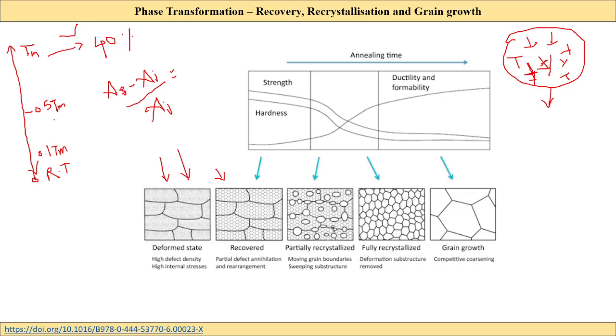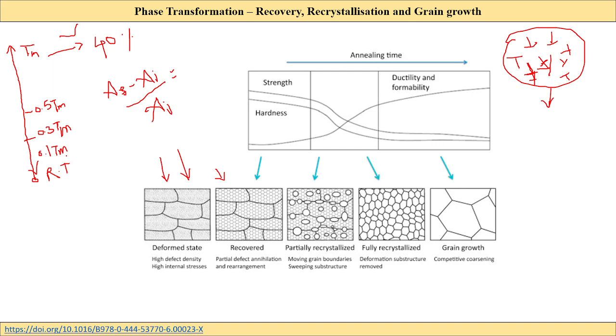Now if my regime is between 0.3 to 0.5, it is called a warm deformation, and if it is above 0.5, then we call it a hot deformation.